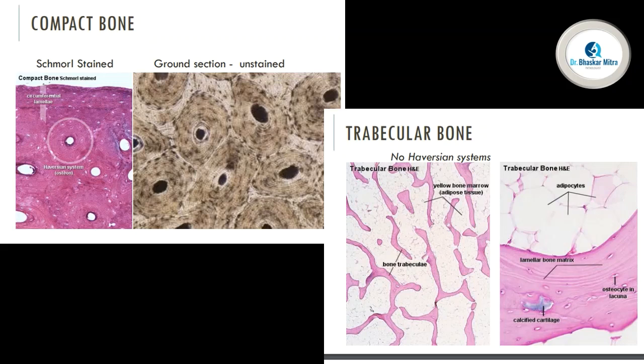This is the lamellar bone. Now these are the trabeculae of bone. In between there are fat spaces. So this is the compact bone where we can very clearly see the lamellae of the bones, and these are the lacunae, and the lacunae contain a certain type of cells called osteocytes. So this is how the compact bone looks under the microscope, and the trabecular bone looks like this under the microscope.